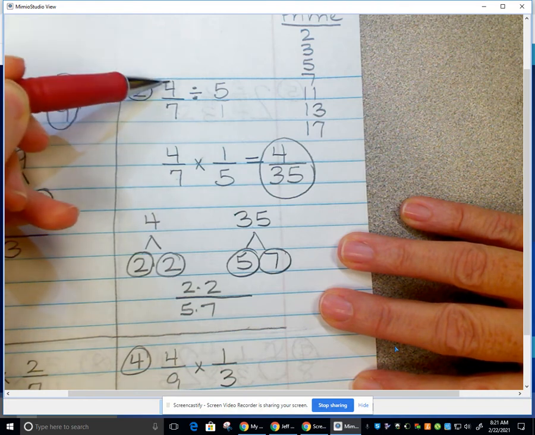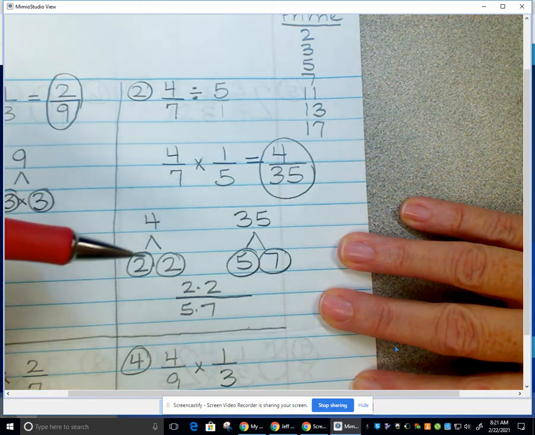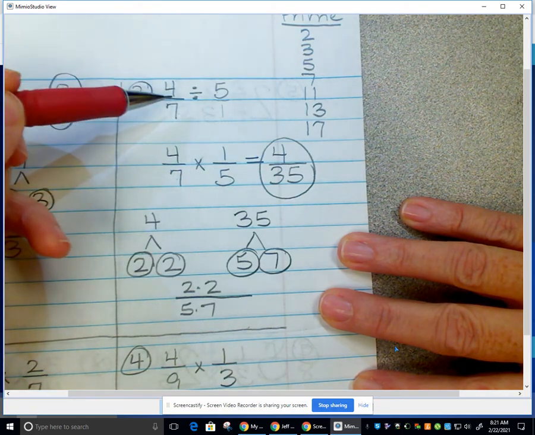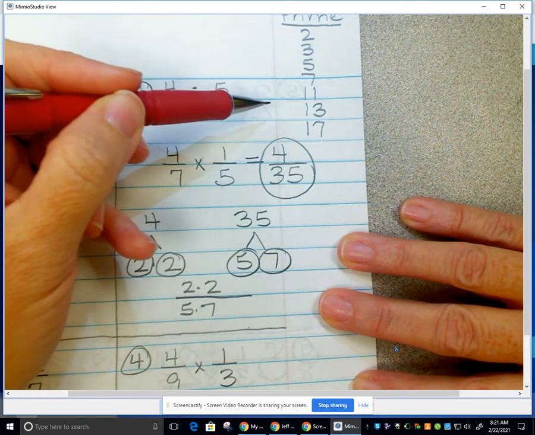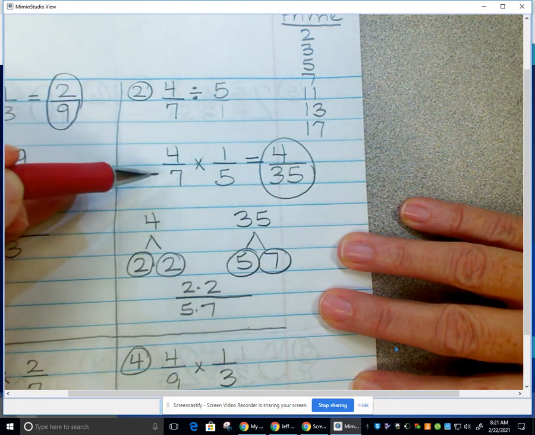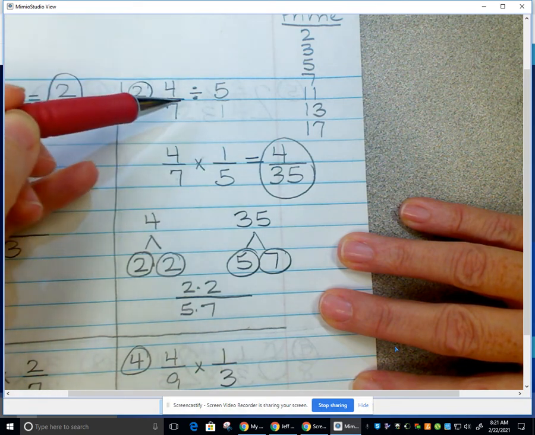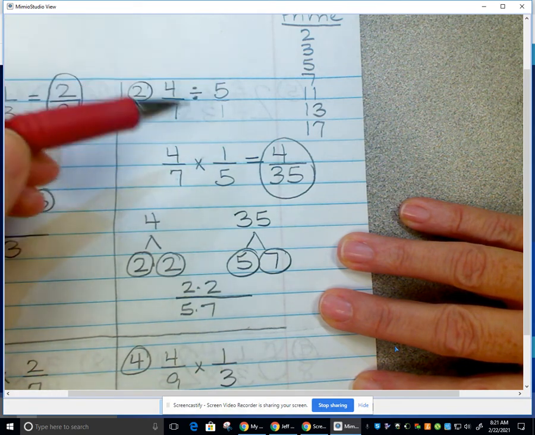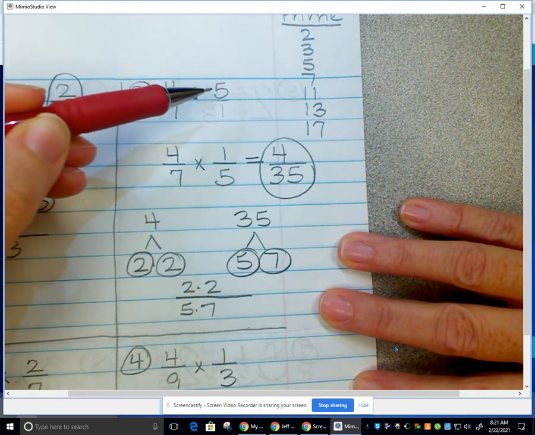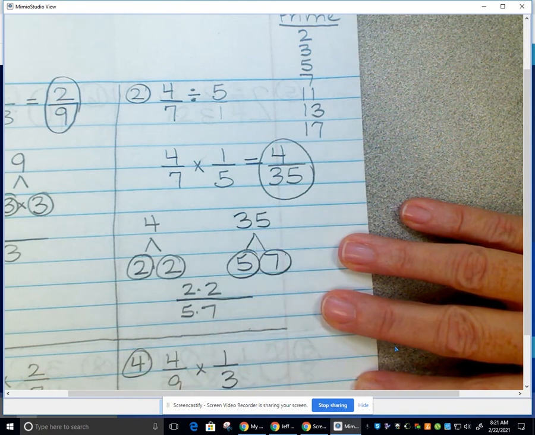If you start with a fraction, your answer will be a fraction. If you start with a whole number, your answer will be a whole number. Of course, that's after you convert it because you have to keep it, switch it, flip it. So it says 4/7 divided by 5. I wanted to take 4/7 and divide it into 5 equal parts. And my answer is 4/35.